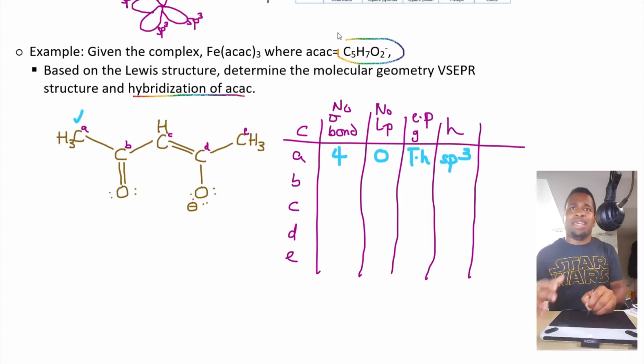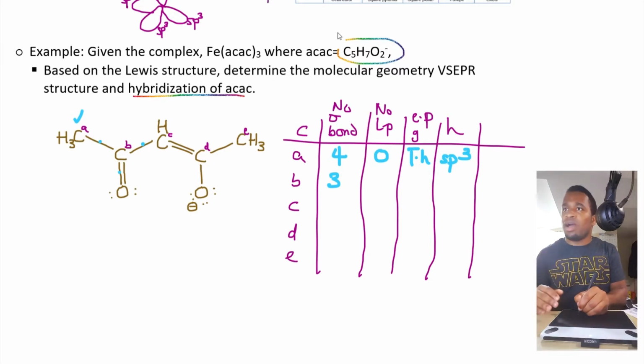And then for B, since we have sigma bonds, 1, 2, 3, that means we have 3 sigma bonds, or you can just count the double bond as a single bond in that area. Always do that. Anytime you see a double bond in a specific area, it is considered to be a single bond.